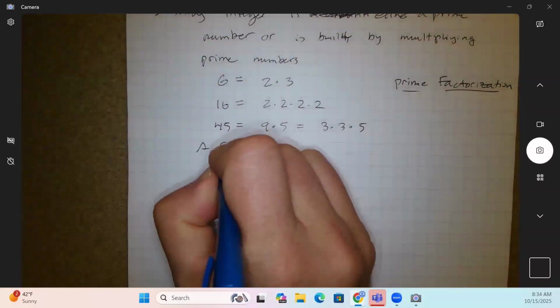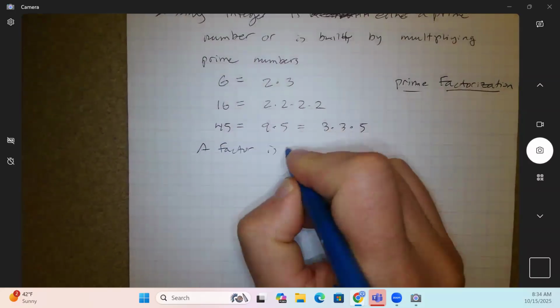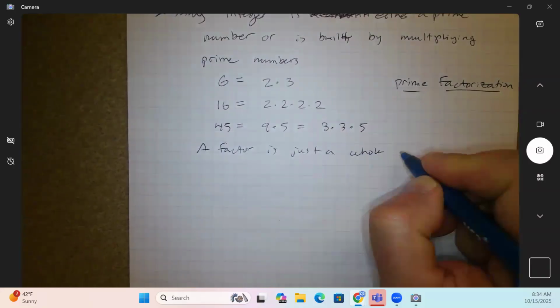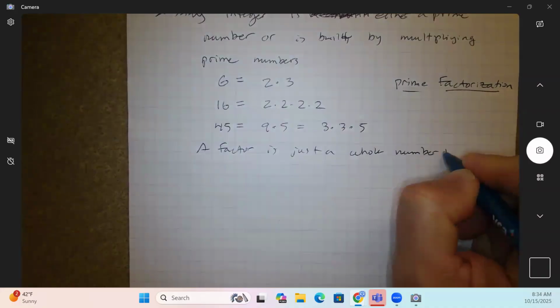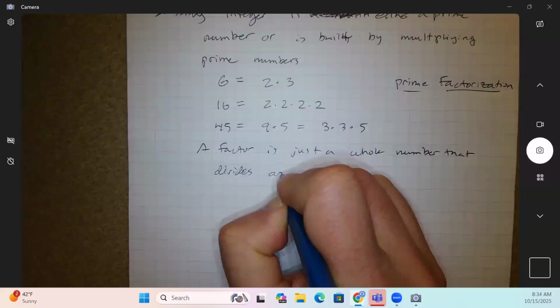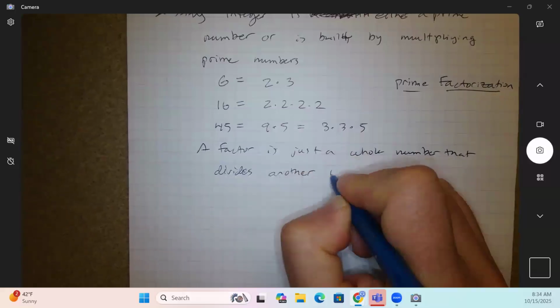A factor is just a whole number that divides another number.